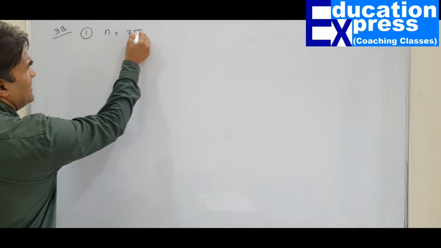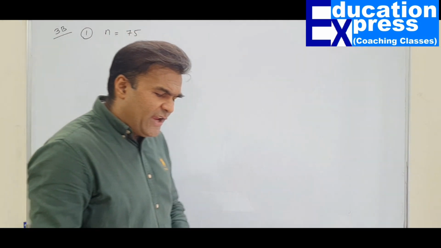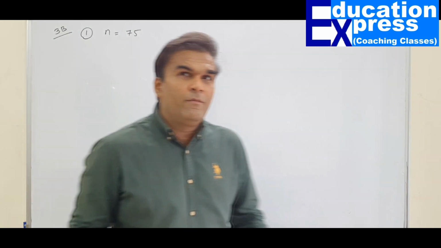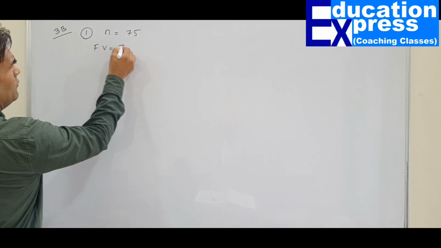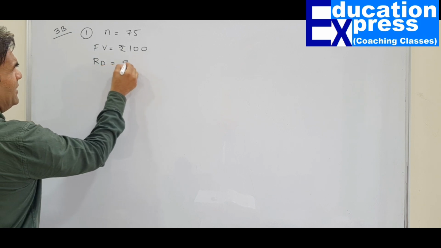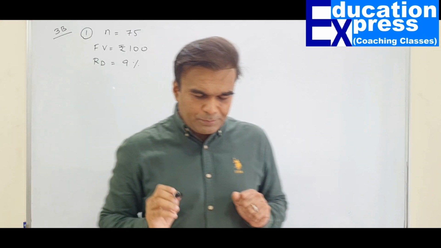So the number of shares is 75, rupees 100 shares, paying 9% dividend. Face value is rupees 100. Rate of dividend is 9%. Now this information is given to us in the question.